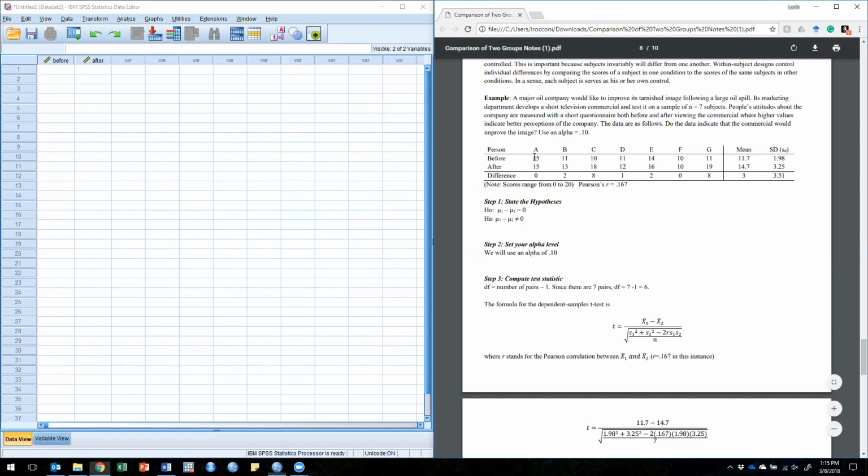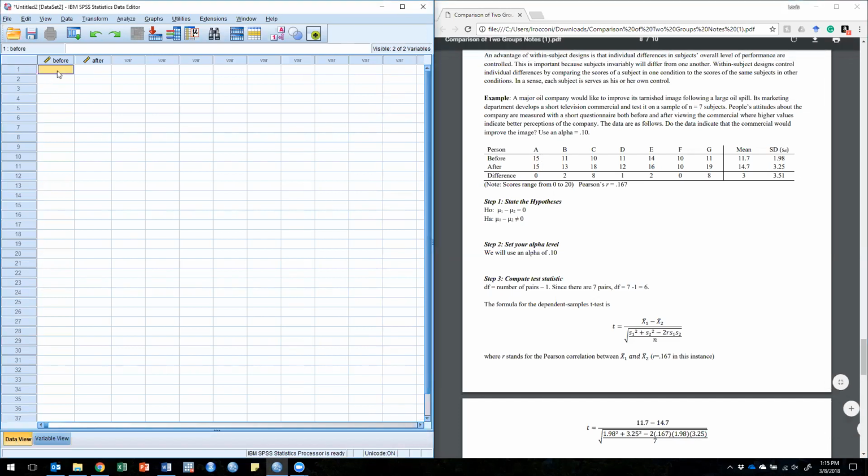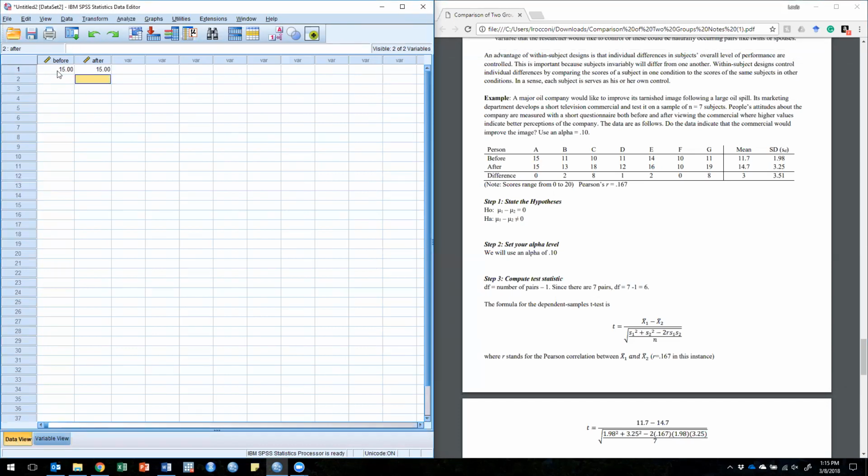And then we enter each individual score, both before and after. Person 1 had a perception of 15 before and 15 again after. Person B's perception was 11 before they watched it, 13 after. Person C rated the company a 10 and then rated them an 18 after watching the commercial.